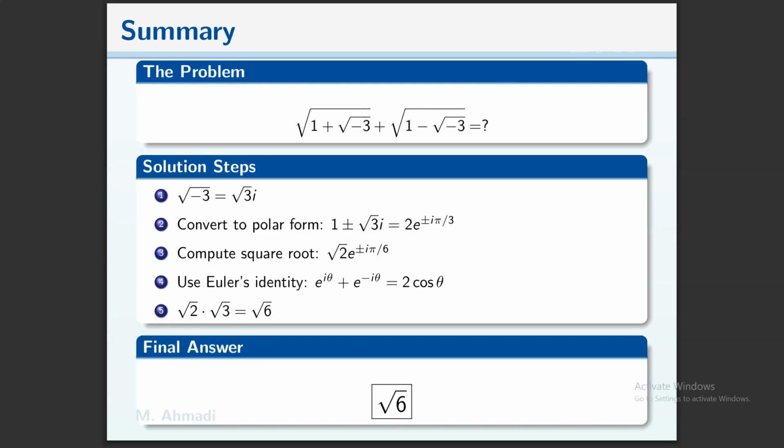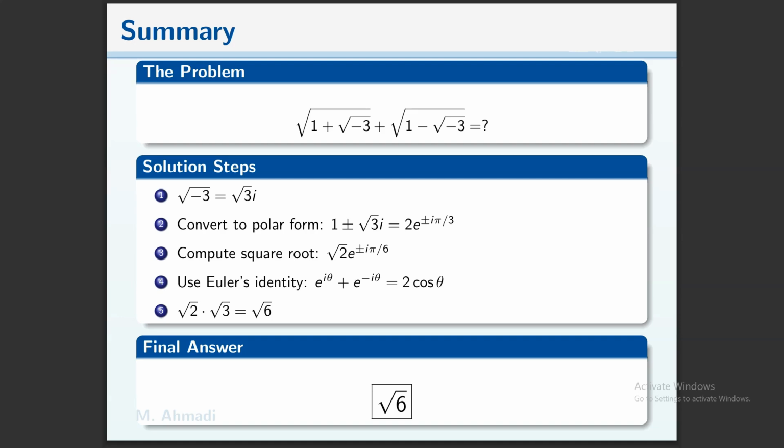So here we have the summary of the result. The problem is the square root of 1 plus the square root of minus 3 plus the square root of 1 minus the square root of minus 3. And the final answer is the square root of 6. Here is the solution sketch. We assume that the square root of minus 3 is equal to the square root of 3i. And then we convert to polar form: 1 plus or minus the square root of 3i equals 2 multiplied by e to the plus or minus i pi over 3.